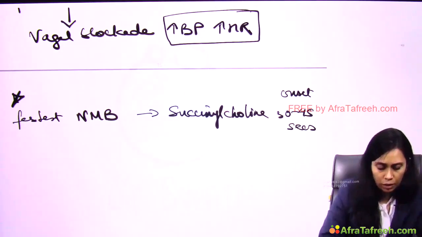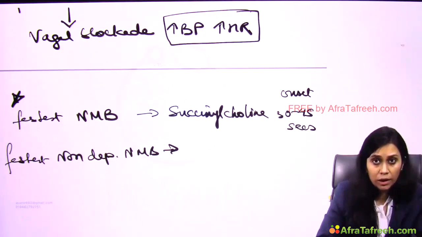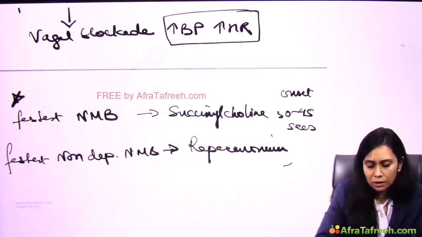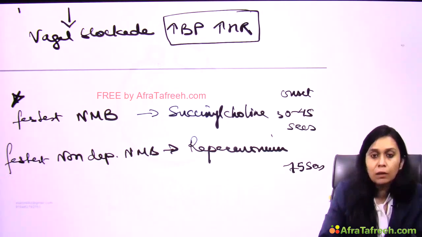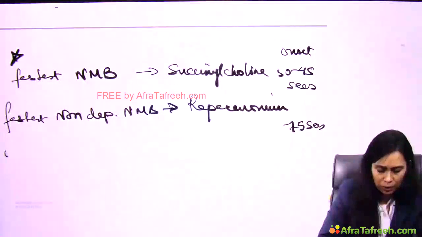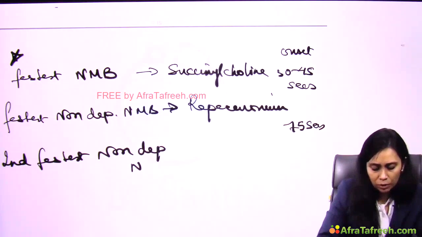The fastest non-depolarizing neuromuscular blocker is rapacuronium, with onset of 75 seconds. But rapacuronium is clinically not available. The second fastest non-depolarizing neuromuscular blocker is rocuronium.